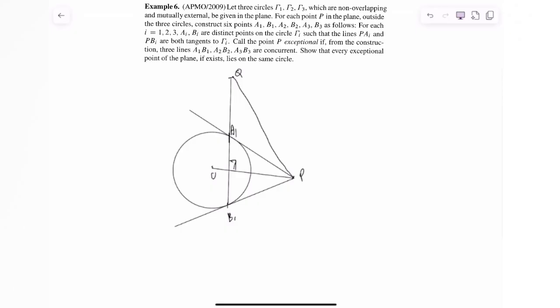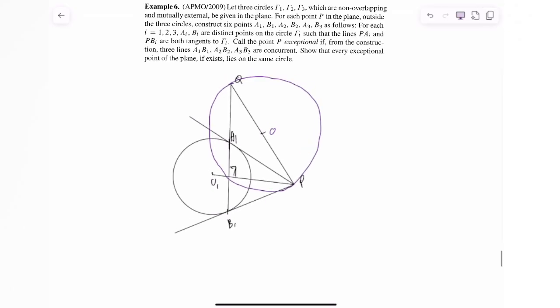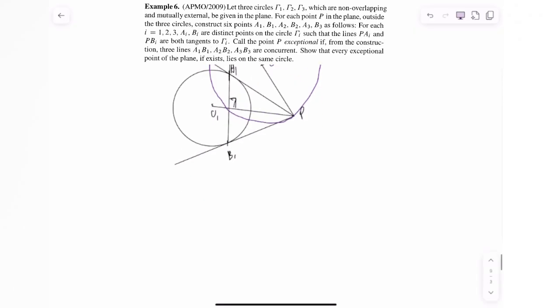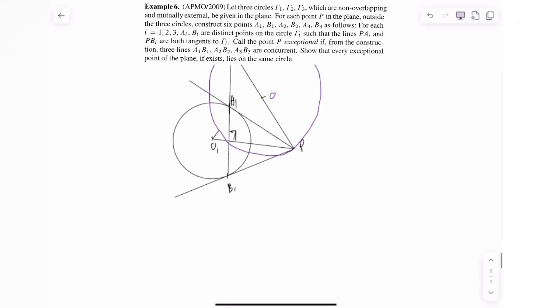Link these two up and call this big O, because we claim that the circle formed by this is the circle that every exceptional point lies on. So the reason is actually quite simple. You notice that, let's call this X, triangle O1XA1 is similar to triangle O1A1P.